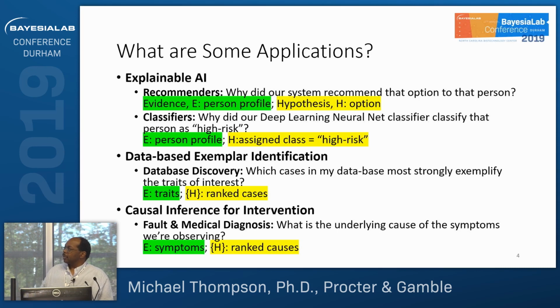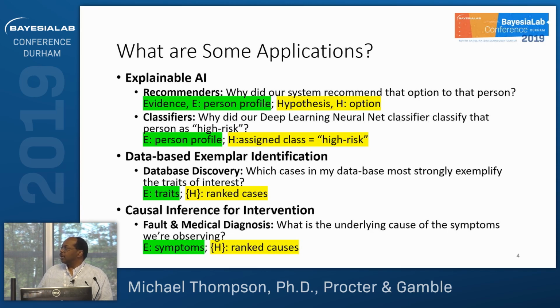Another use is, again, looking for specific exemplars in a database. Given specific traits, you can score every single case in your database and rank order them by which are most representative, the best exemplars of those traits. You get a richer insight than merely a SQL filter, a database filter on specific criteria.